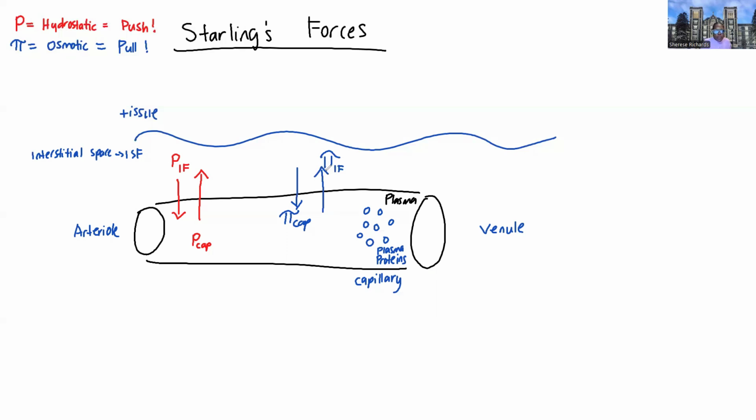So we have both forces acting on the capillary wall in both directions. We have a hydrostatic push from the interstitial fluid into the plasma, and then a capillary hydrostatic in the opposite direction. And we have an osmotic pull from the interstitial fluid into the plasma and an interstitial fluid osmotic in the opposite direction.